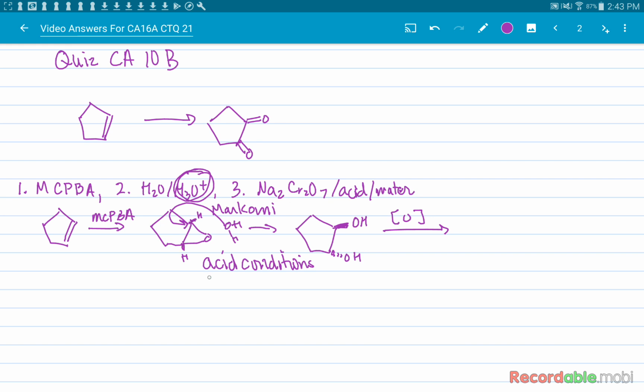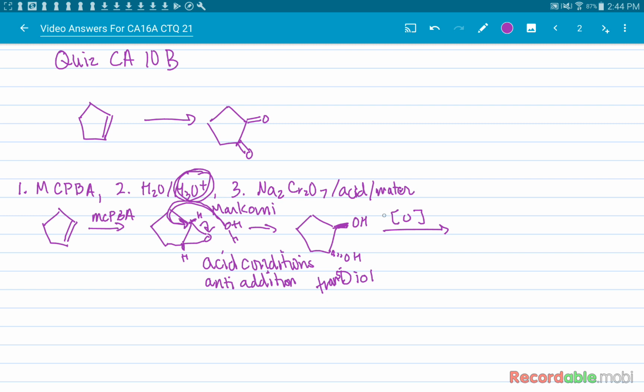We know that this has anti-addition, which means the nucleophile comes from the back side and opens up the epoxide to give us a diol, and because it's anti, it's a trans diol. Oops, didn't have enough room for trans there, so I've drawn the trans diol.